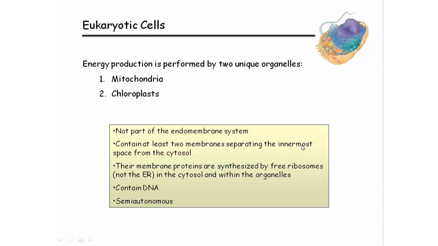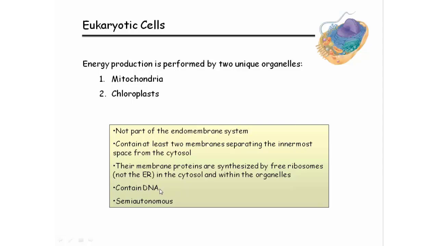These will not be a part of the endomembrane system because we will not have vacuoles or vesicles that can fuse with the mitochondria or the chloroplast, and we won't have vesicles that pinch off of them either. They will contain some of their own DNA inside, so this will be one location where you do find a little bit of extra DNA inside a eukaryotic cell.